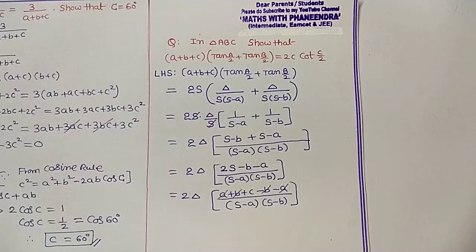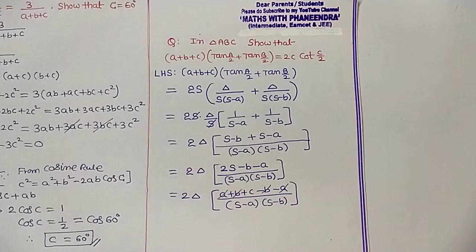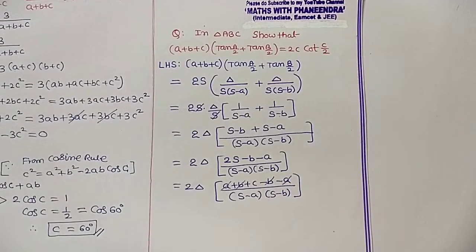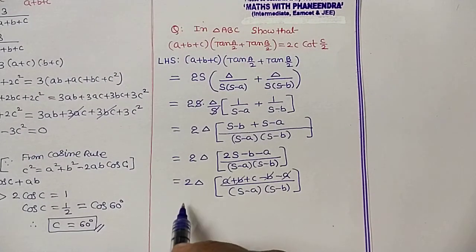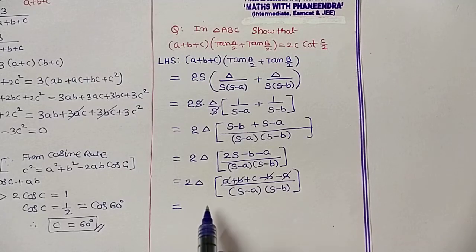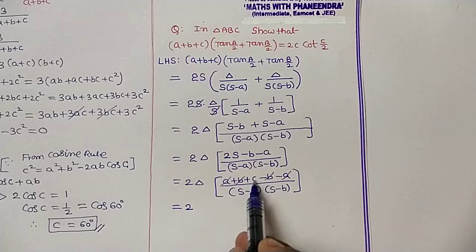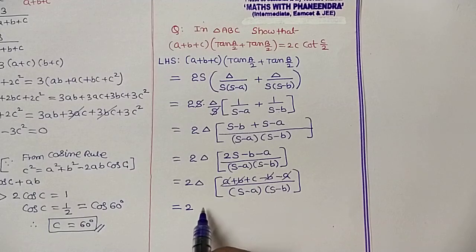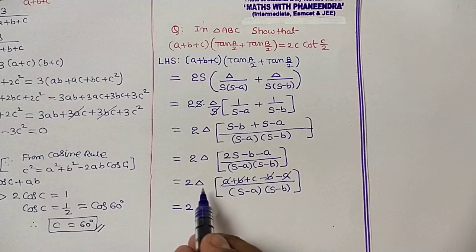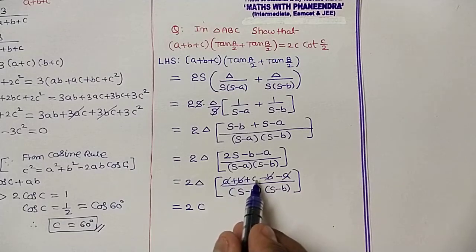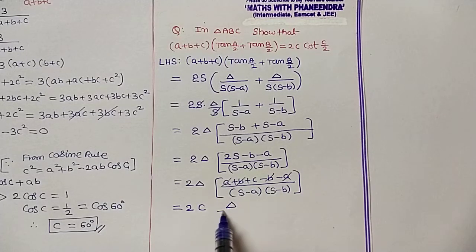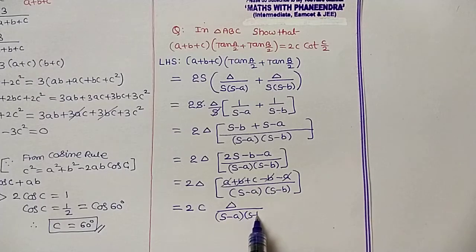After that, we have formulas. Delta by, here 2 constant we can take outside. Here c is there, no? c we can take outside of this bracket and delta we can take inside the bracket. Delta by s minus a into s minus b.